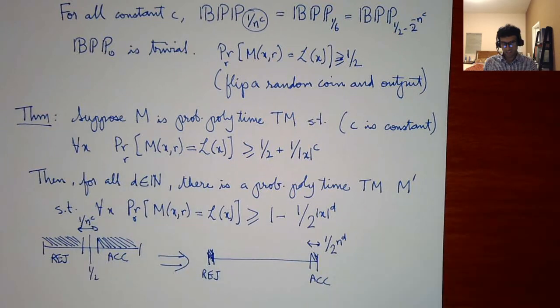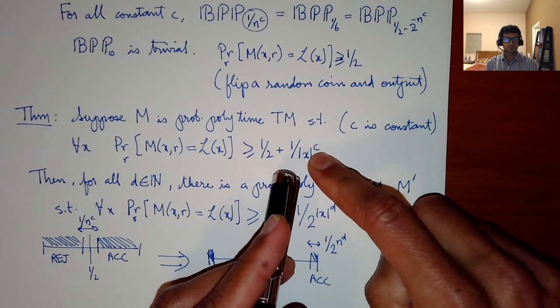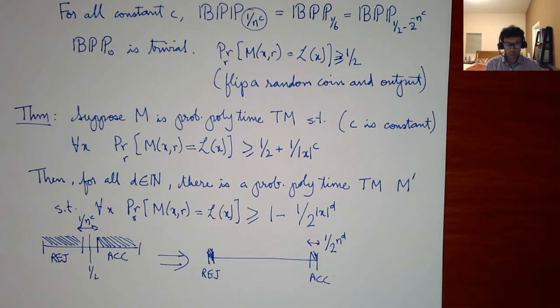And indeed, this is one of the reasons why randomized algorithms are so powerful. Because the moment you're able to get an answer just in the correct direction, just a little bit, then you can boost it to get something that is correct with overwhelmingly large probability.